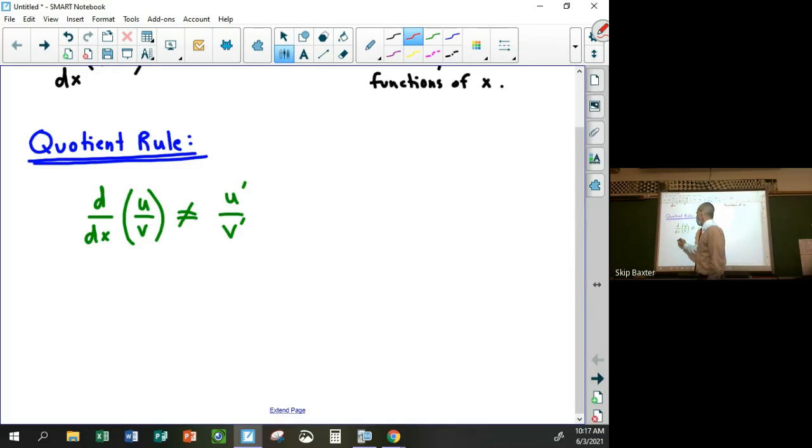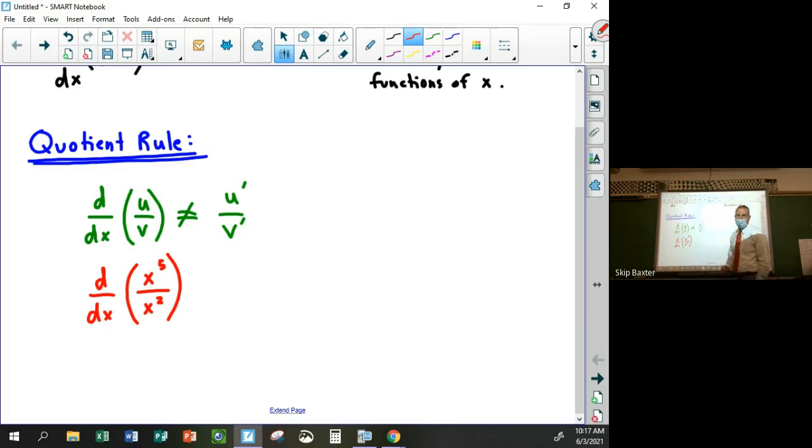Suppose I have the derivative of x to the fifth over x squared, or something like that. That's easily simplifiable. I know that this is equal to the derivative of the simplified version of this, which would be x cubed, which is 3x squared.